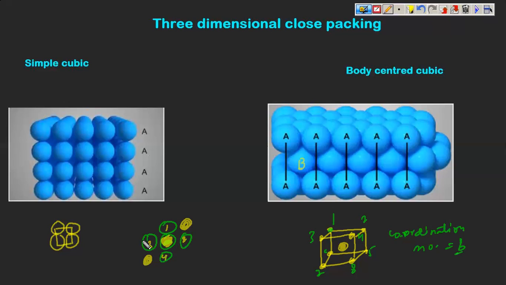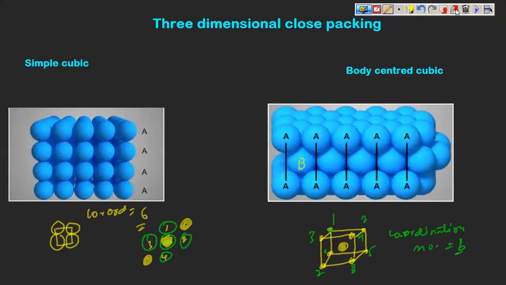So the coordination number is 6 in simple cubic close packing, and coordination number 8 in body centered close packing structure.